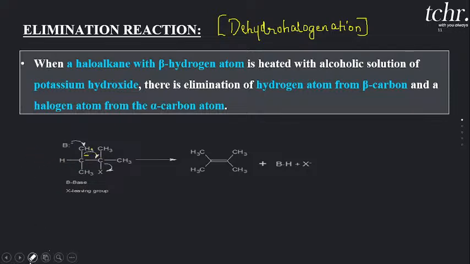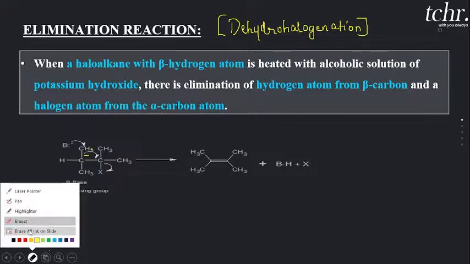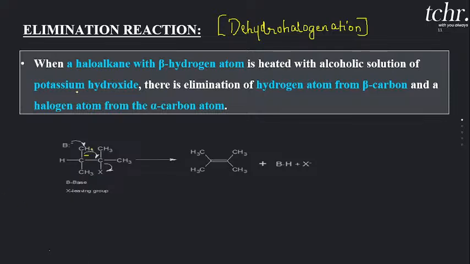Whenever you take any alkyl halide as an example, the carbon to which the halogen is attached, halogen is represented as X, we call that carbon the alpha carbon. And the immediate next carbon is called the beta carbon.